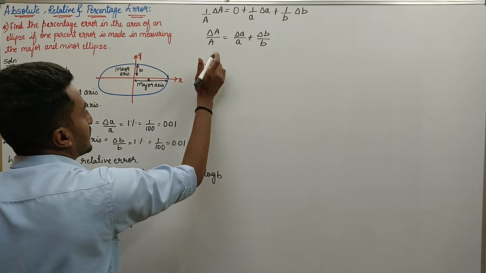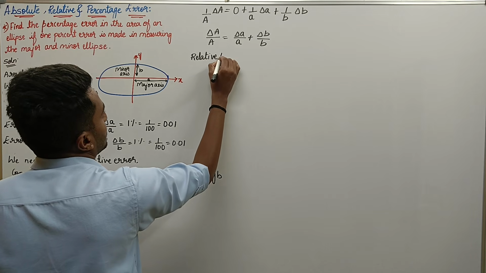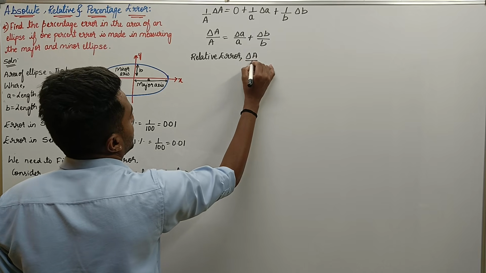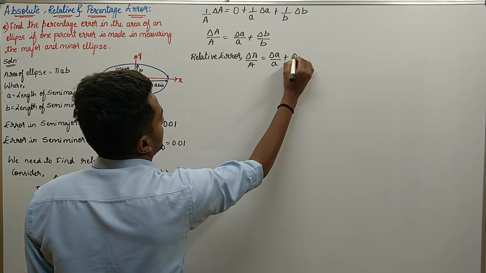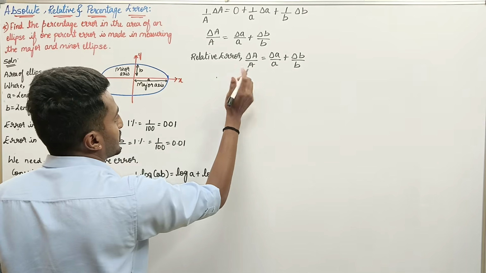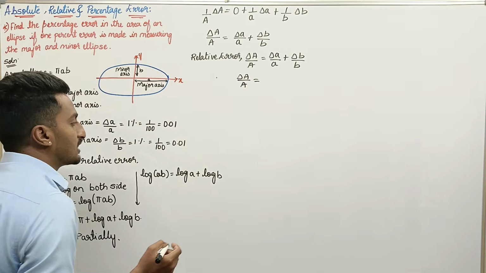This del A by A can be represented as the relative error. Relative error, that is del A by A, is equal to del a by a plus del b by b. Now substitute: what is del a by a?